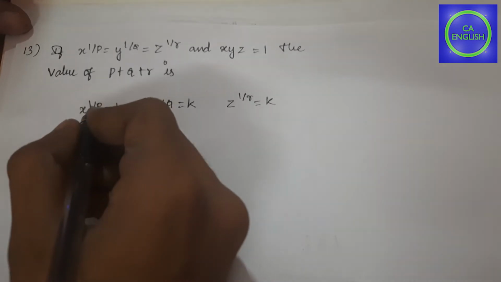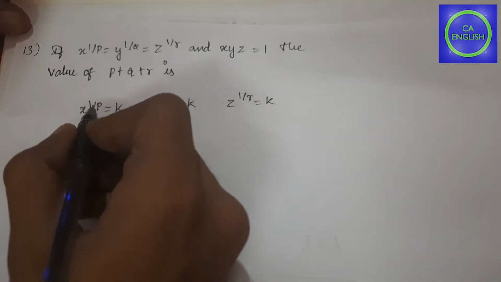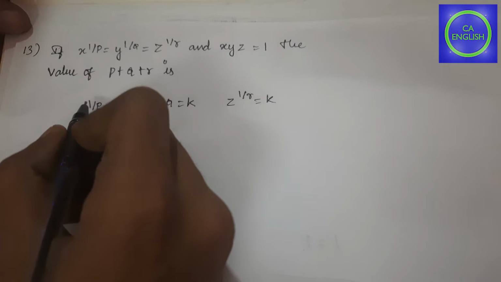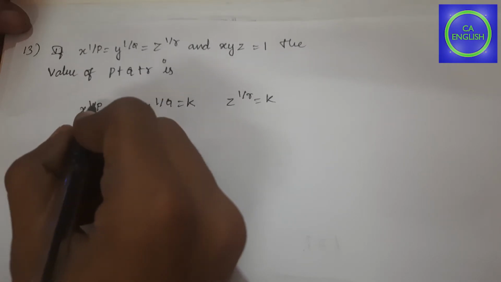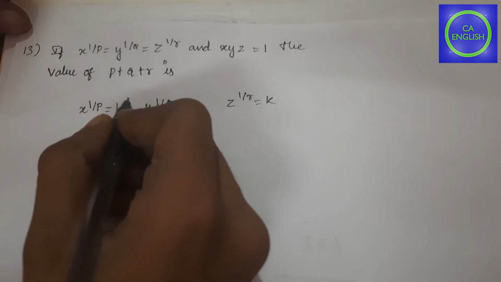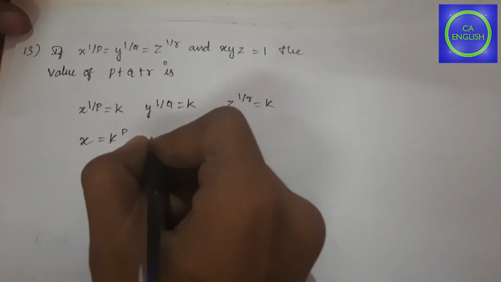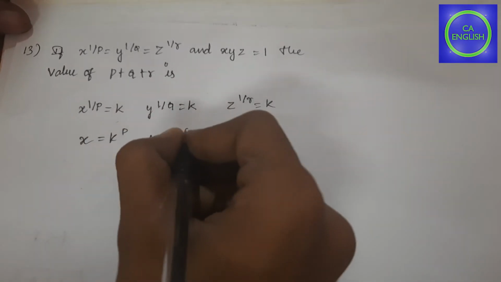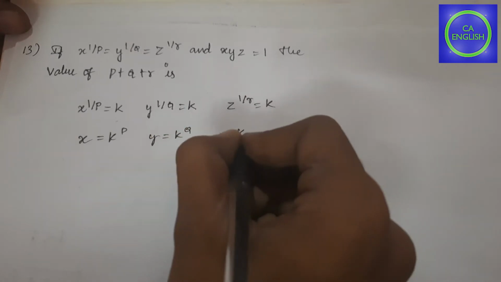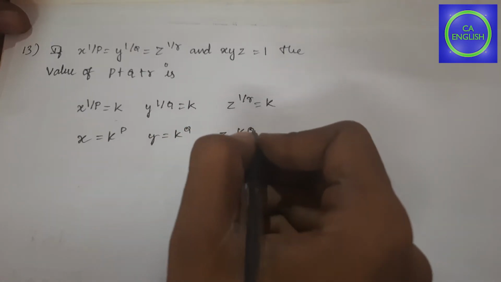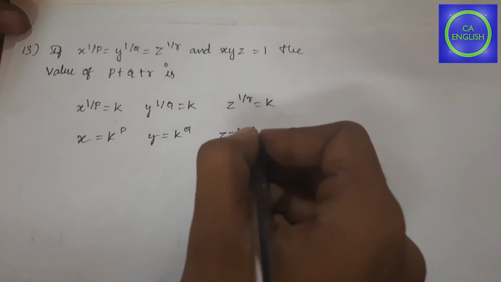Now we can bring this 1 by p to the other side, and it becomes its reciprocal. Therefore x is equal to k power p, y is equal to k power q, z is equal to k power r.